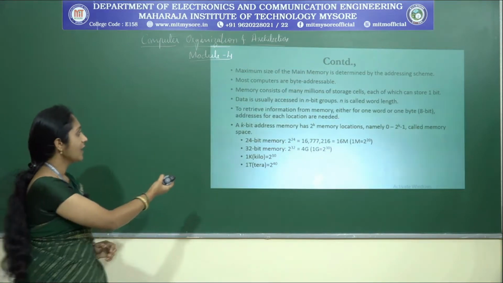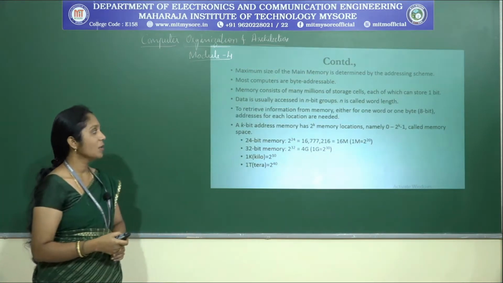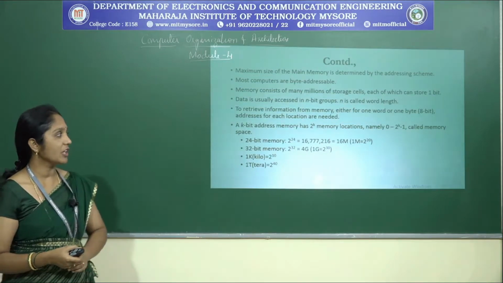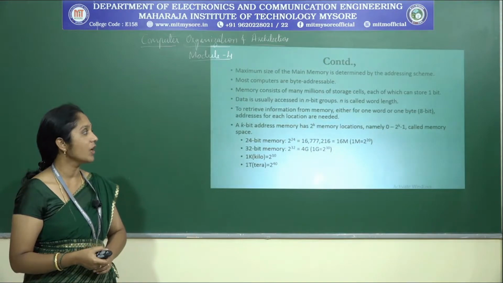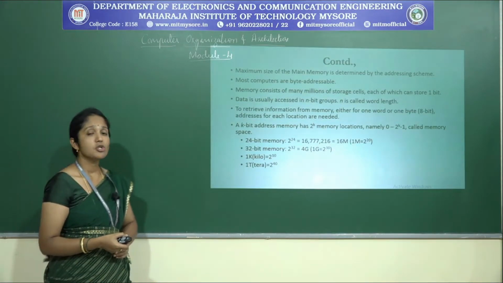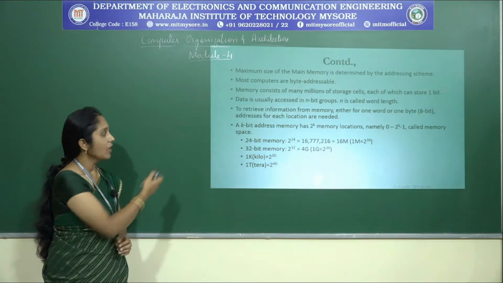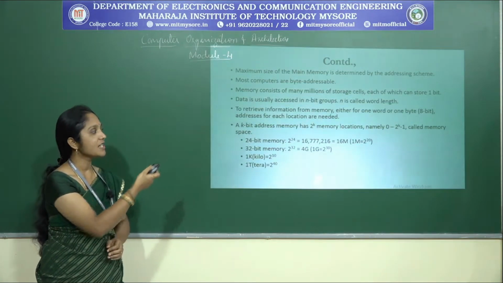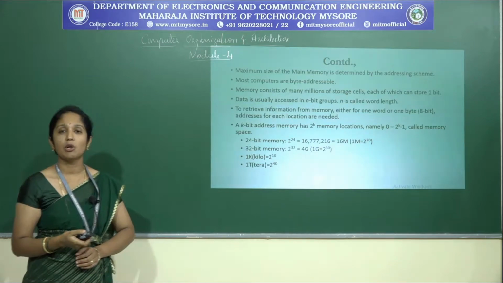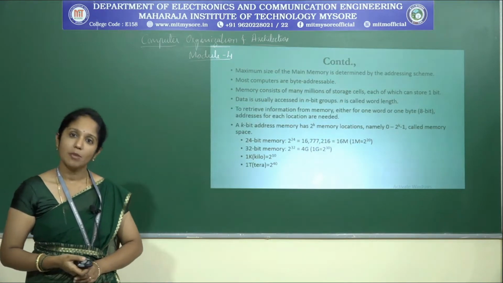For example, a k-bit address memory has 2 to the power k memory locations, namely 0 to 2 to the power k minus 1, called the memory space. If you are using a 24-bit memory, 2 to the power 24 is 16 mega memory locations in the memory space.